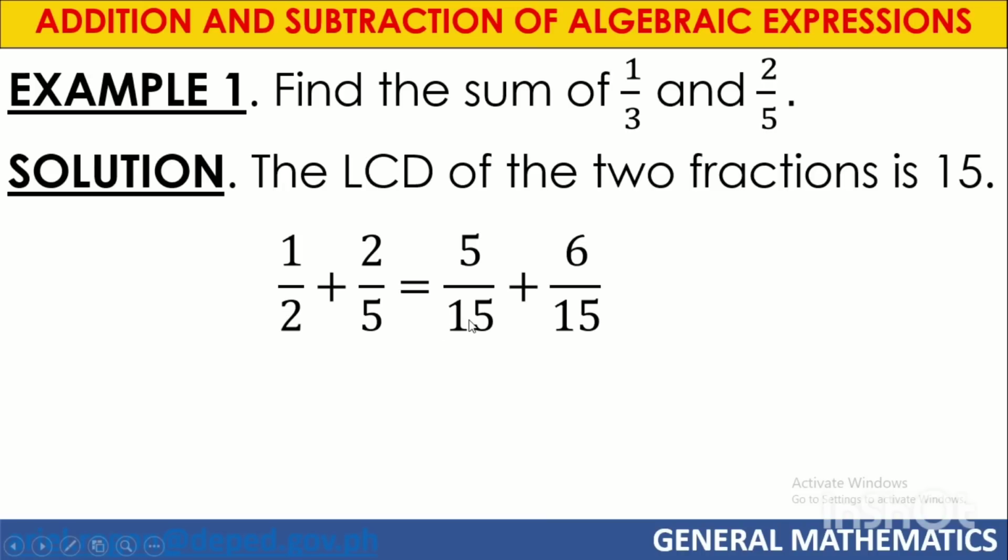So we divide 15 by 3, times 1. 15 divided by 3 is 5, times 1, so the answer is 5. Then 15 divided by 5 is 3, times 2, is 6. Since the LCD is now the same, we just add the numerators and copy the denominator.